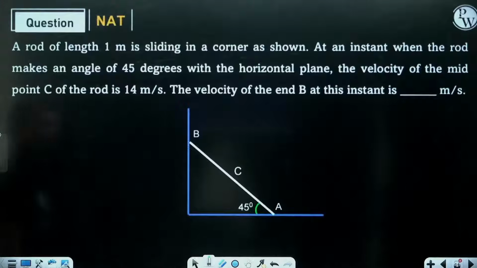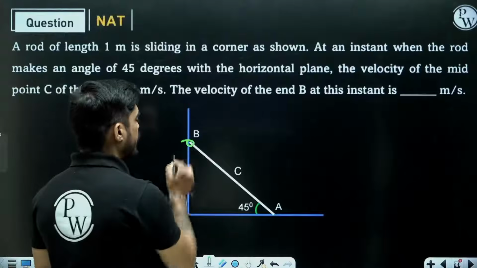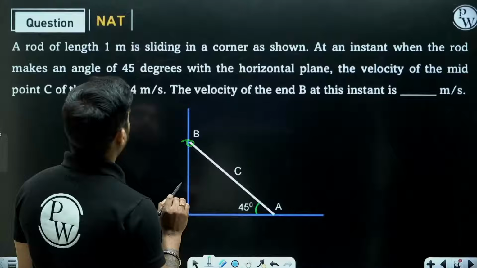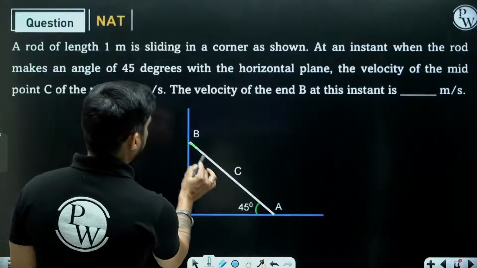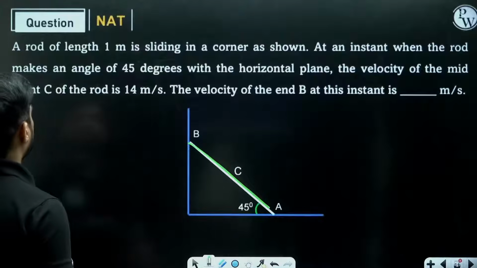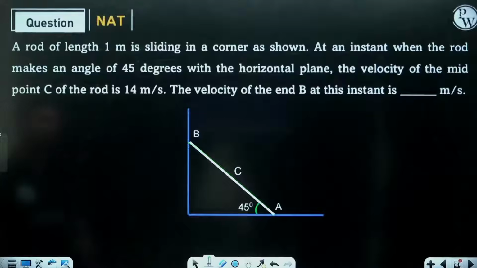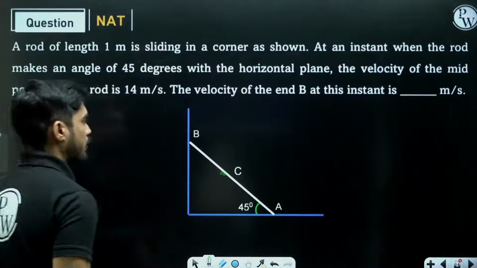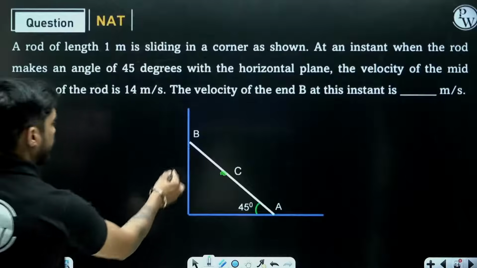The velocity of the end B at this instant is? Understand what is happening here? When the rod of length 1 meter is sliding and it is at an angle of 45 degrees, the velocity of the midpoint is 14 meter per second. And now we need to find the velocity of B.